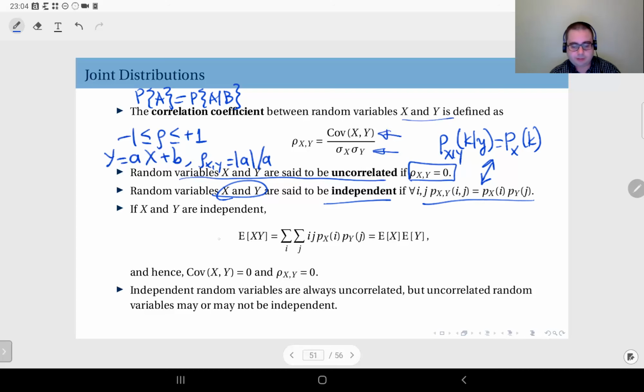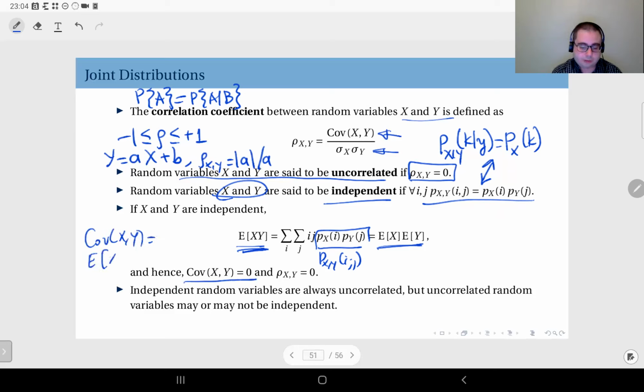If X and Y are independent, the correlation turns out to be equal to the product of the expected values, because this product you see is equal to the joint PMF. Since this is separable, the correlation turns out to be equal to the product of the means, which entails that the covariance becomes zero, because if you remember, the covariance of X and Y equals the correlation minus the product of the means.